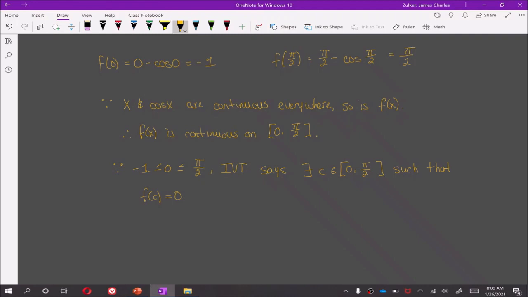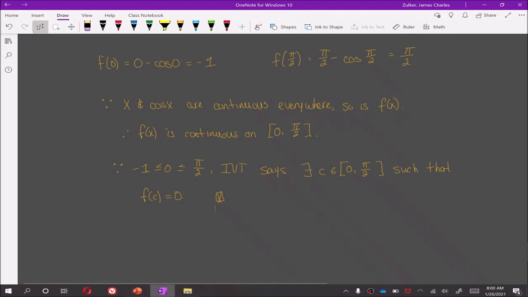That is what we wanted, right? We've shown that this function must have at least one 0. In other words, this function will cross the x-axis in at least one point. Specifically, it's going to have to cross the x-axis somewhere between 0 and pi over 2.